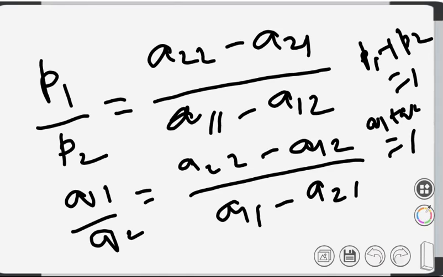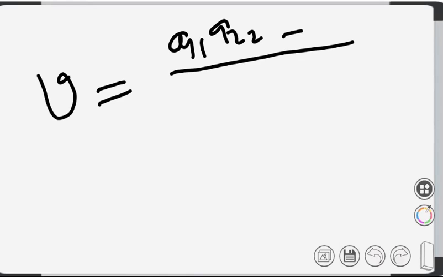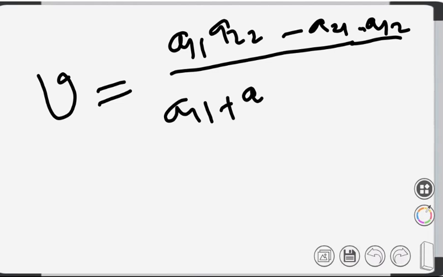And the value V of the game is given by A11 into A22 minus A21 into A12, divided by A11 plus A22 minus A12 plus A21.